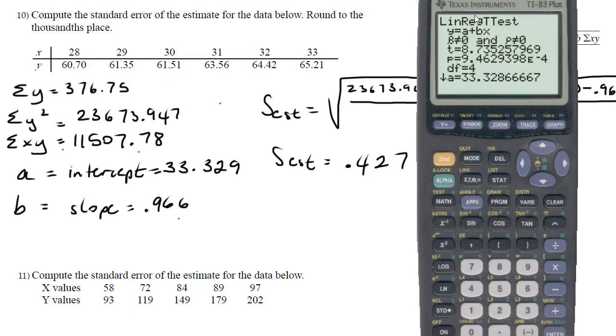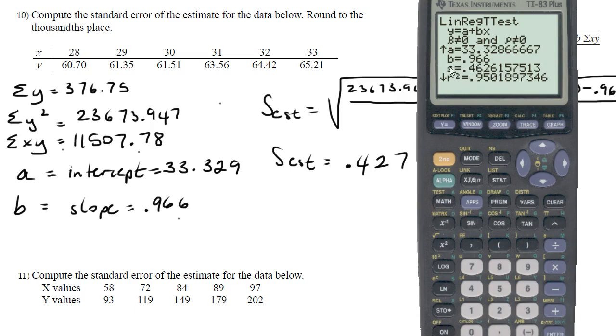If you scroll down a bit, it gives us the t value, the test statistic, gives us the p value here, gives us a, b. But see this number it gives us here, s? That's the standard error of the estimate.